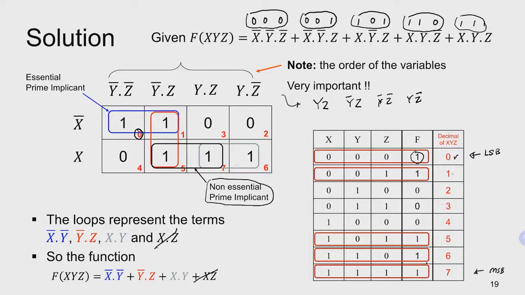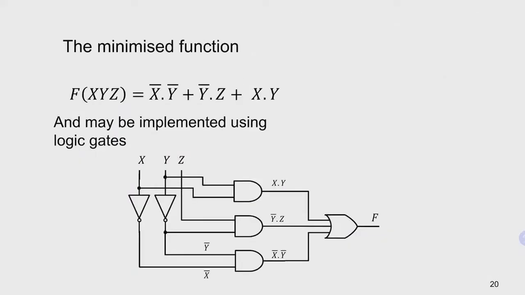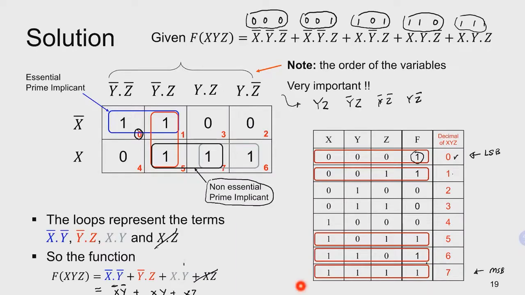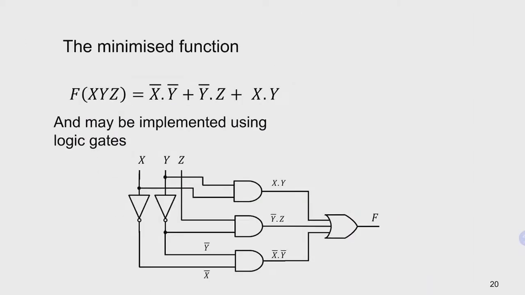Or alternatively, we can drop the red one. And this still performs the same function. So we're going to use this one. Okay, and we get the minimum.